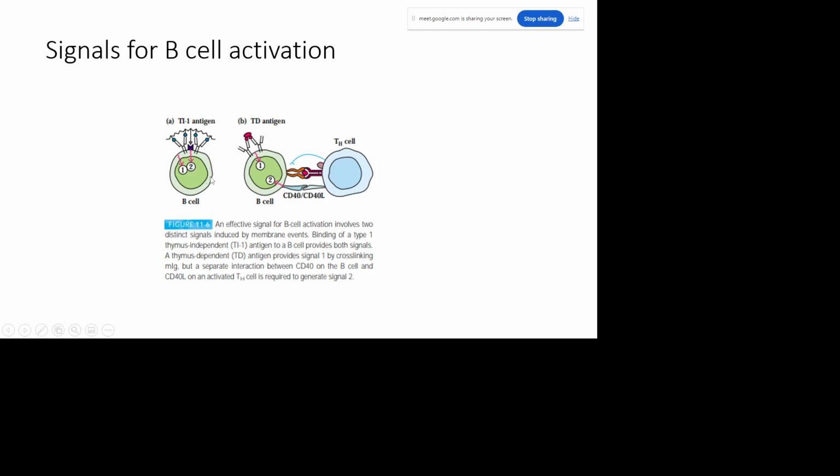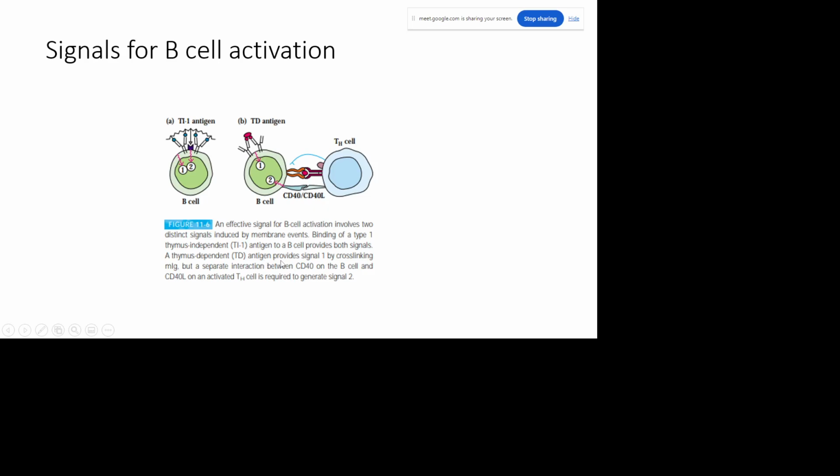So this can occur in two ways. One is the binding of a type 1 thymus independent antigen to the B cell, and the second option is the binding of a thymus dependent antigen.